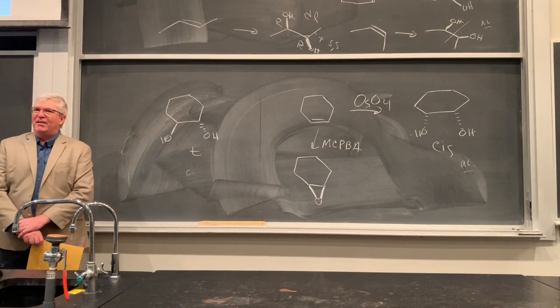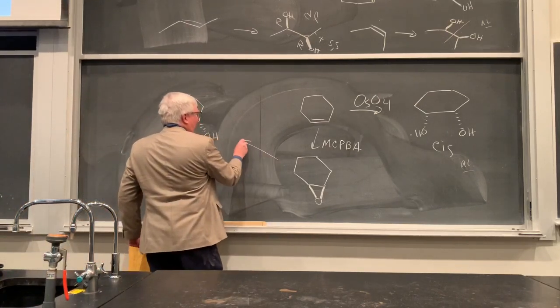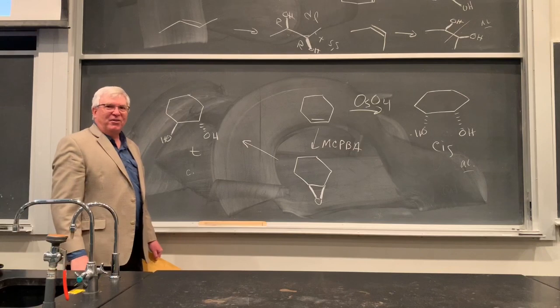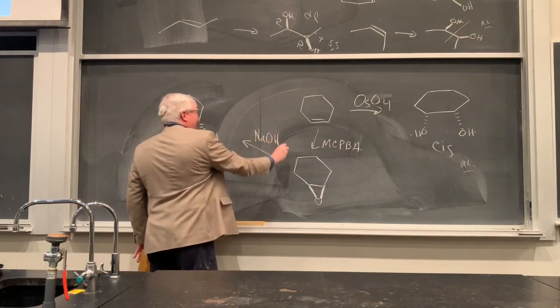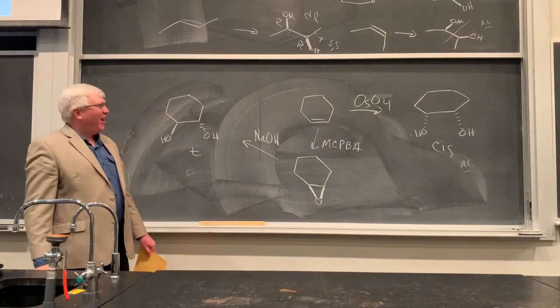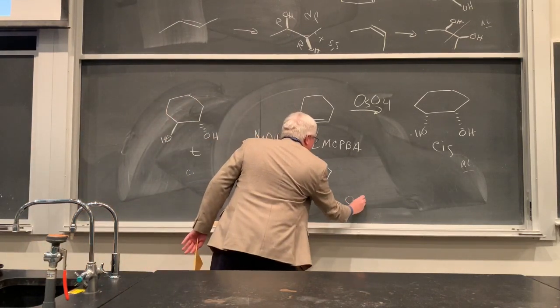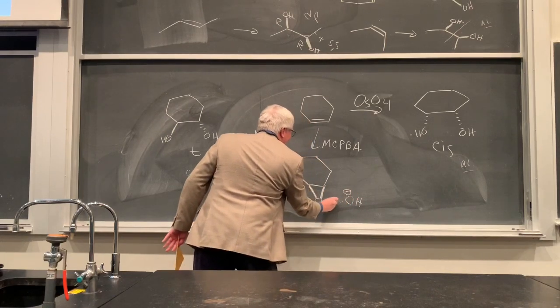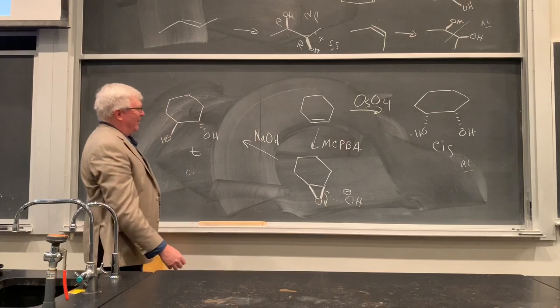Think about that. How could we open up that epoxide? Any ideas? We could react it with what? How about sodium hydroxide? There's one of our good old SN2 charged nucleophiles, right? So what would that do? It would do a backside attack right here, pushing up the hydrogen that's in the back right there right now.